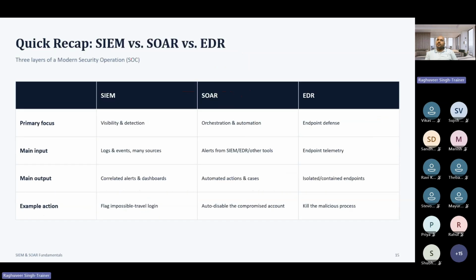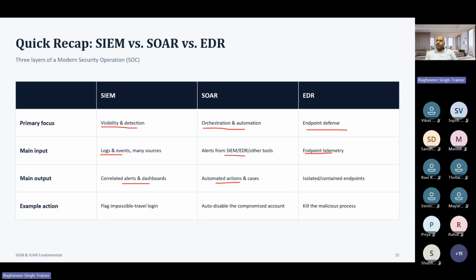So that's SIEM, SOAR, XDR. So you can see here, primary focus of SIEM is visibility and detection. SOAR is orchestration and automation. EDR is endpoint detection. Main input for SIEM is logs and events. For SOAR, it's the trigger alert from SIEM and EDR. And for EDR, it's endpoint telemetry. Main output of SIEM is alerts and dashboards.